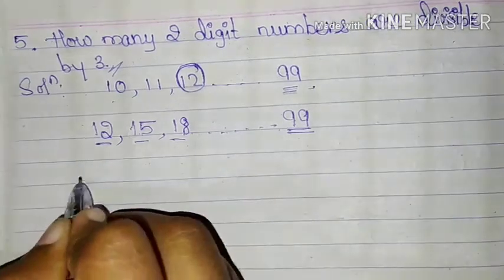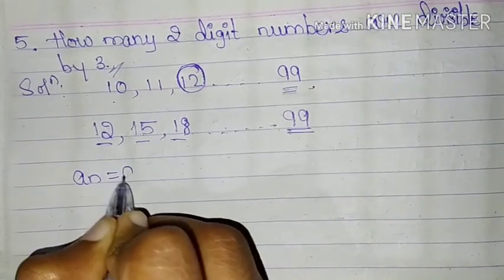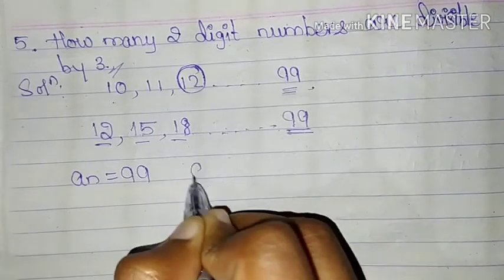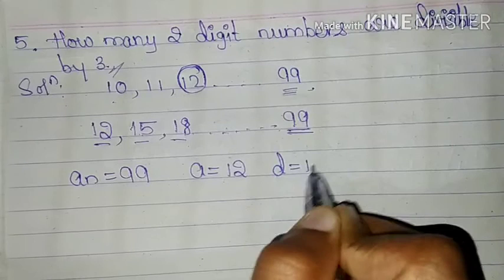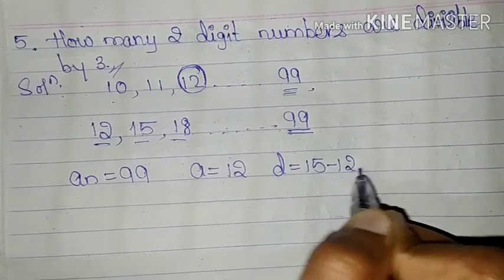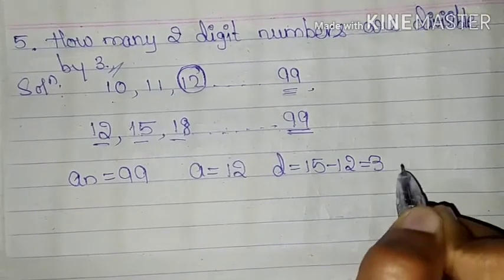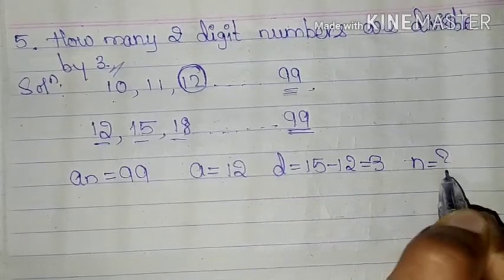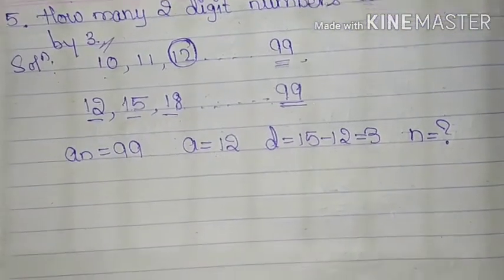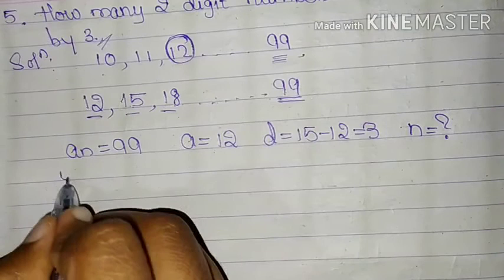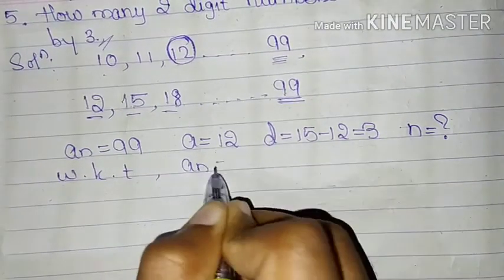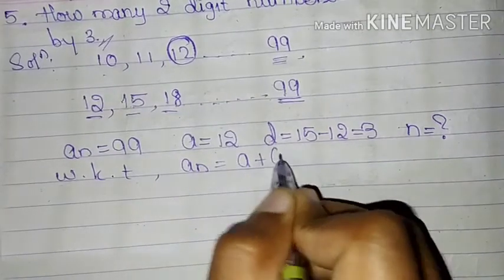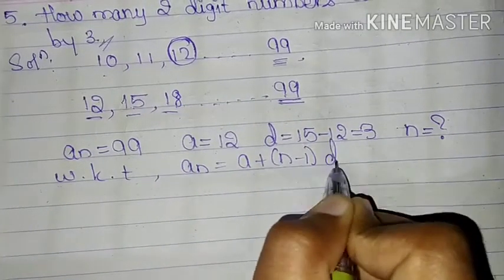Okay, so we have an is equal to 99, a is equal to 12, d is equal to 15 minus 12 which is equal to 3, and we have to find n is equal to what? Okay, so now we know that an is equal to a plus n minus 1 into d.